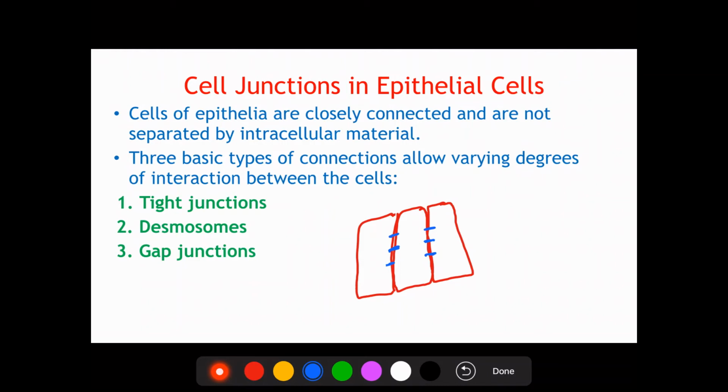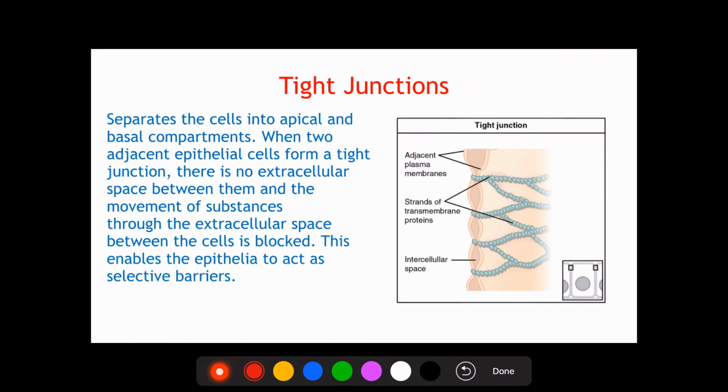Otherwise, each cell would get separated or broken or torn off alone. And this would counteract their purpose as a covering. Usually, within the epithelial cells, there are 3 forms of junctions. There are the tight junctions, there are desmosomes, and there are the gap junctions. We will see briefly each one of them.